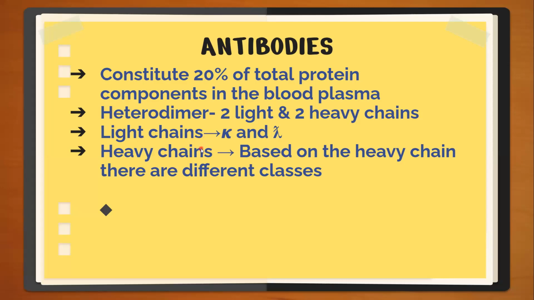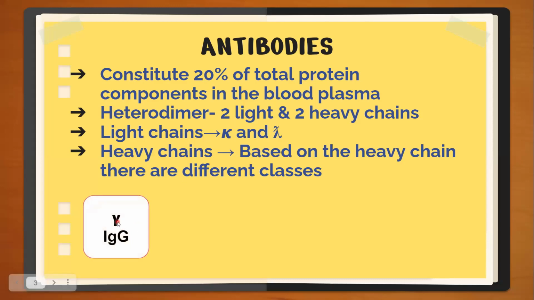Next are the heavy chains. Basically, the heavy chains are the basis on which there are different classes of antibodies. There are 5 different heavy chains. The first one is the gamma chain.